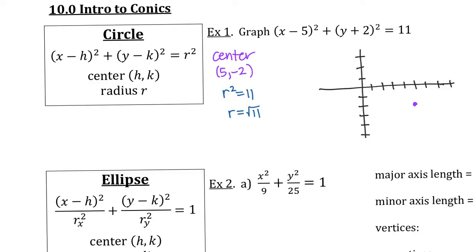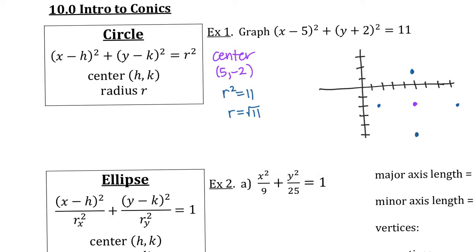So from the center, I'm going to go 3 point something to the right, 3 point something up, 1, 2, 3 point something. Okay, and then I'll get a good approximation for my circle.